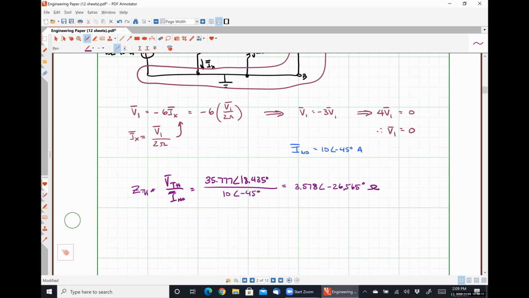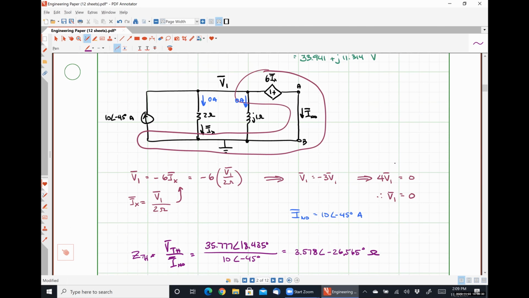Any questions on this guy? Yes. So if no current can branch off, right? We know that we have 10 angle negative 45 degrees amps flowing into this node.